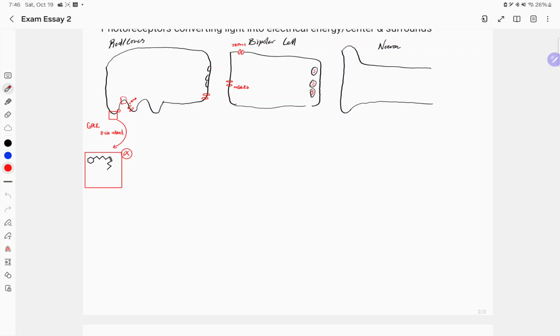So this is what actually makes these photoreceptors a little bit more complicated, but it's not too bad. So I just want to leave this here for a second to show you that the difference between an on-center or off-center photoreceptor is right here.